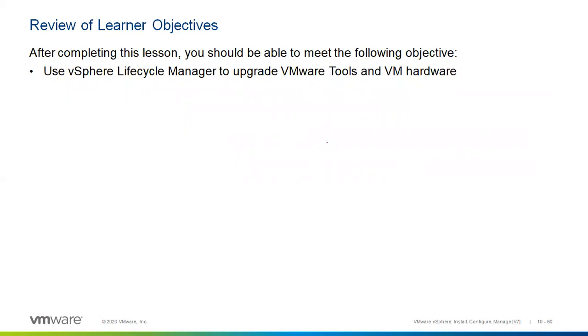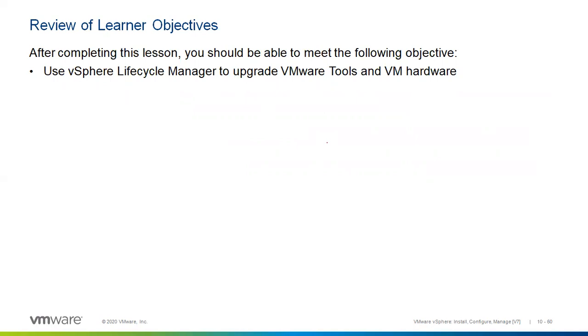Again, this activity can be done individually for each virtual machine, which is also possible, or it can be done from lifecycle management by creating baselines for upgrading the VM tools and the hardware version. But if you ask me, sir, can we upgrade the Windows operating system?